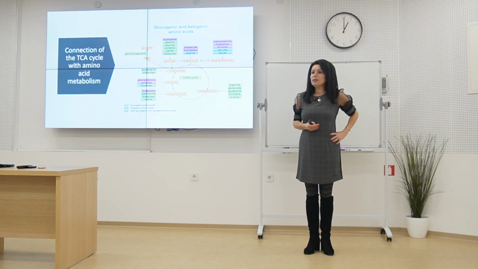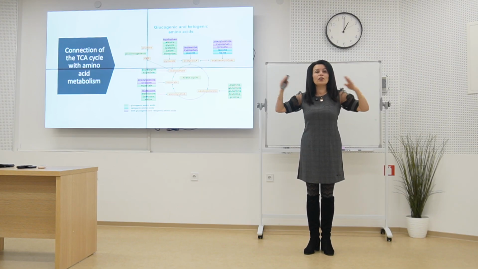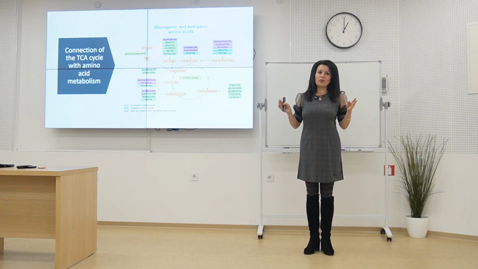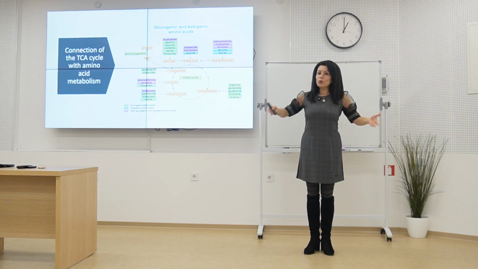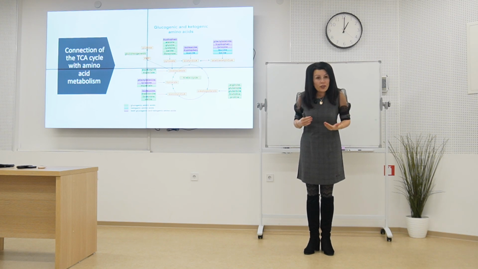We don't need the amino groups. That's why during the degradation of amino acids, all amino groups will be removed, will be released by processes called deamination. After this deamination, the amino groups will be increased in the form of ammonia in the organism, which means the ammonia will be increased.